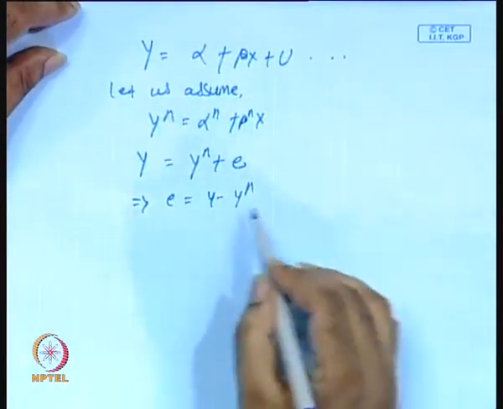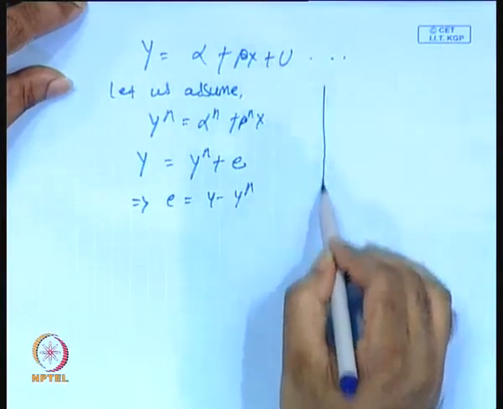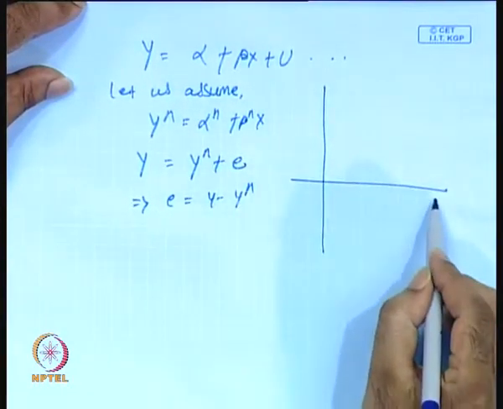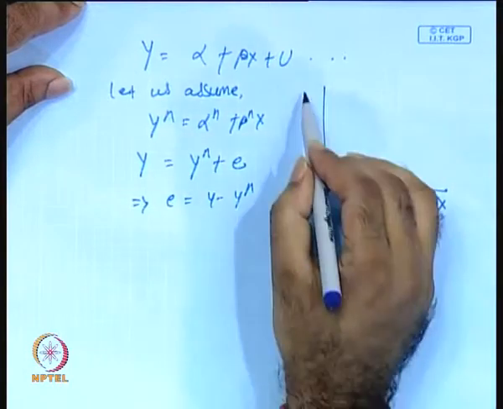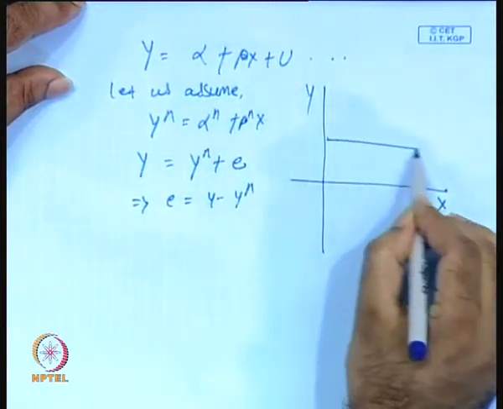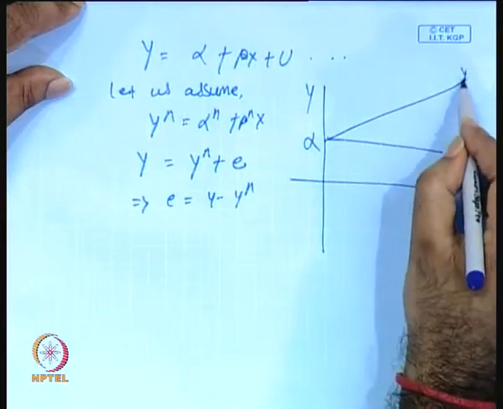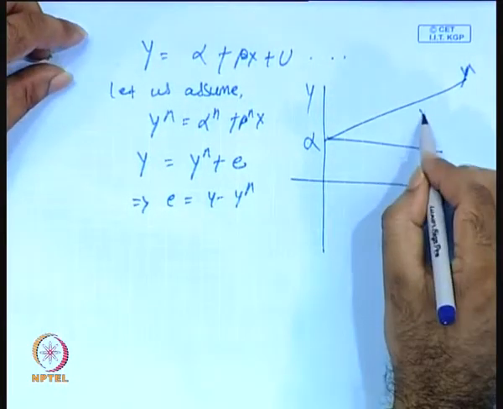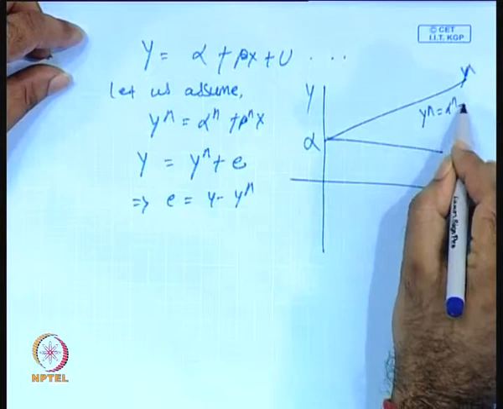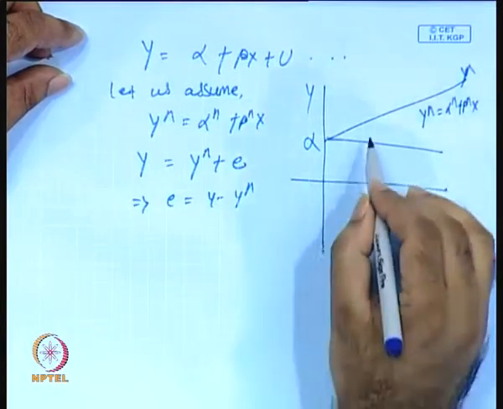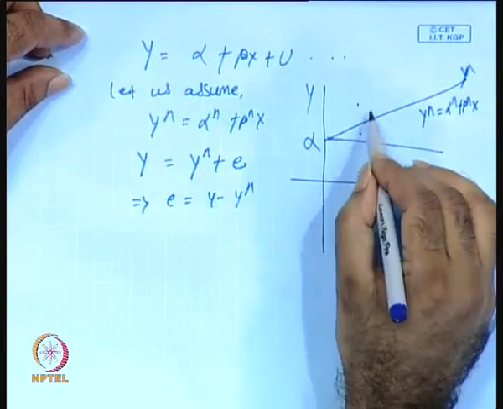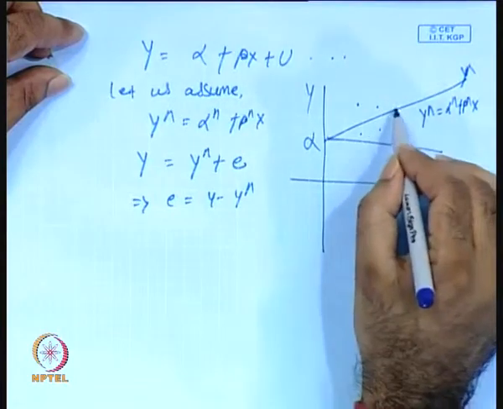So what is this structure? Let us see here. This is the entire setup: this is the x series and this is the y series, and this component is called alpha. Our movement of y hat is like this, y hat equal to alpha hat plus beta hat x. There are certain original points here, and this is the estimated line.